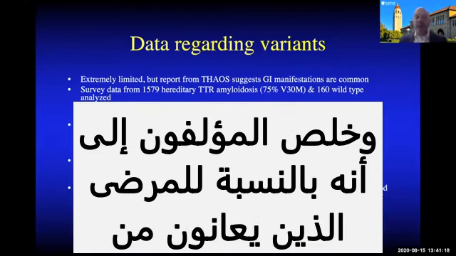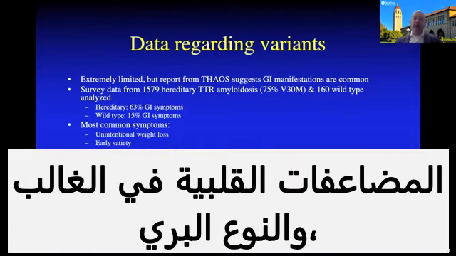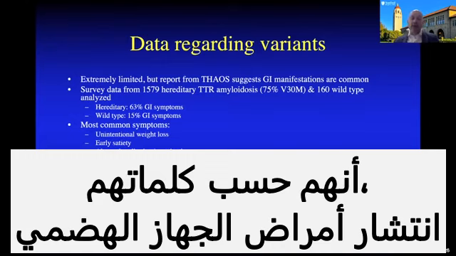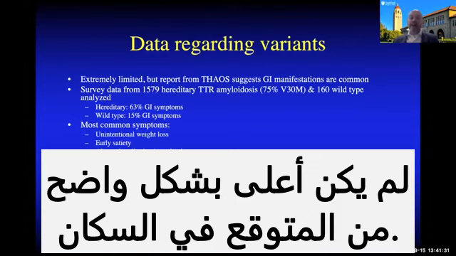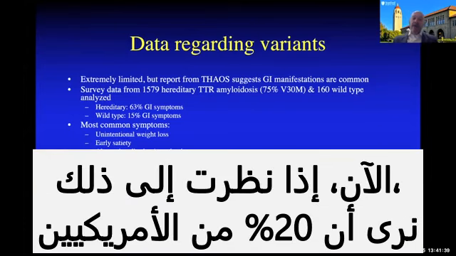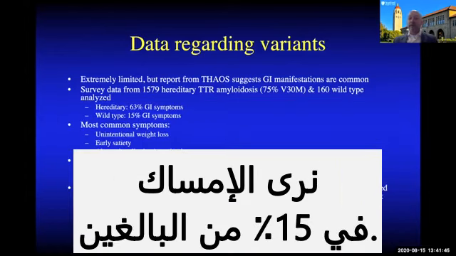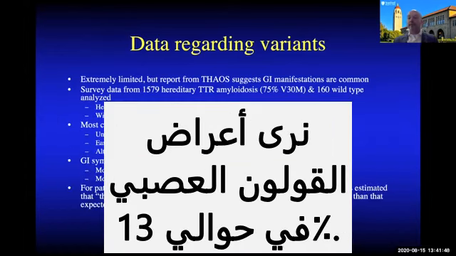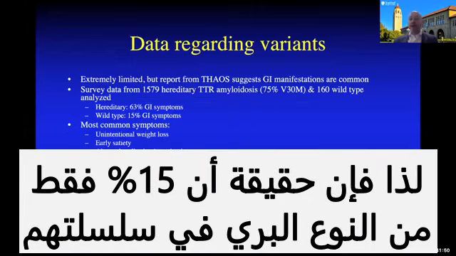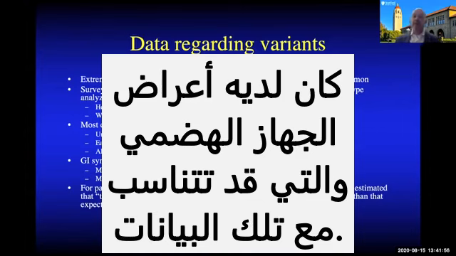And the authors concluded that for patients with predominantly cardiac complications and wild type, in their words, the prevalence of gastrointestinal symptoms was not evidently higher than expected in the population. Now, if you look at that, we do see 20% of American adults will have symptoms of reflux once a week. We see constipation in 15% of adults. We see symptoms of irritable bowel in about 13%. So the fact that only 15% of the wild type in their series had gastrointestinal symptoms could fit with that data.